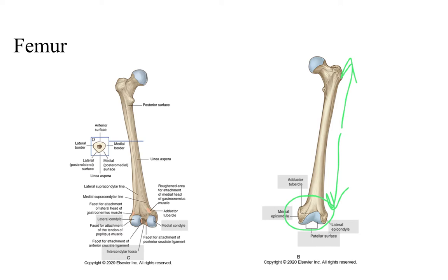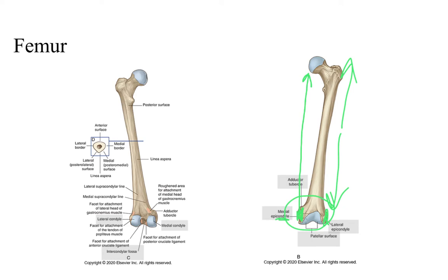And one thing that can be confusing here and to remember is you have these epicondyles on either side, the medial epicondyle and the lateral epicondyle. And so how do you know which is medial and lateral? Again, if you take this condyle and go upward, or go superiorly, you see that it is on the same side as the head of the femur.